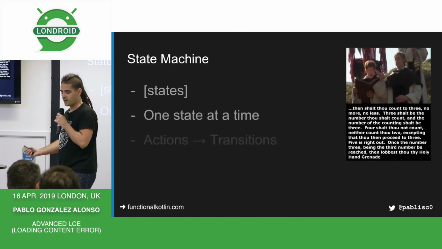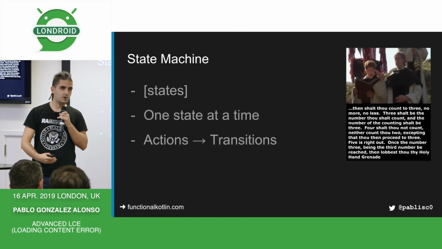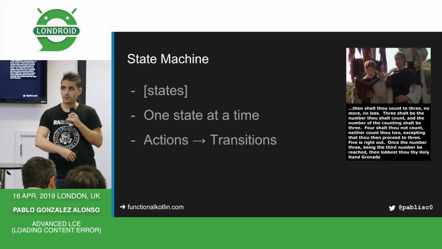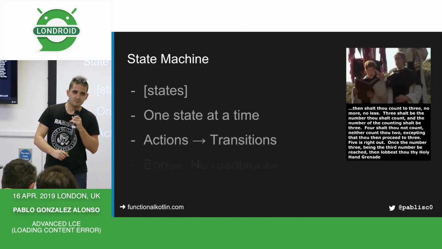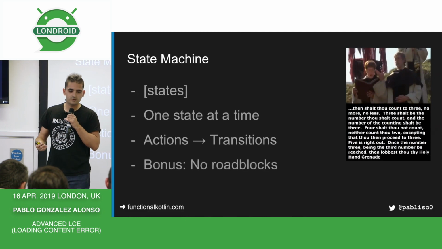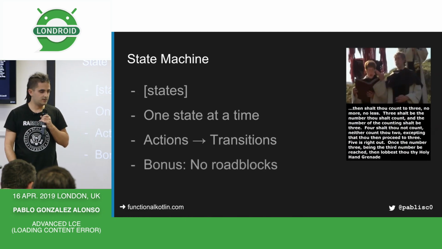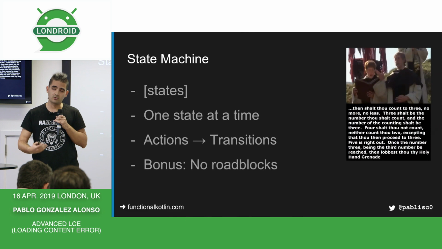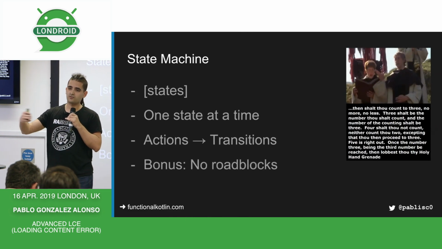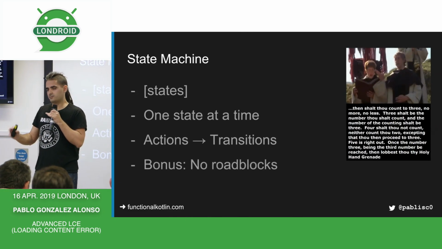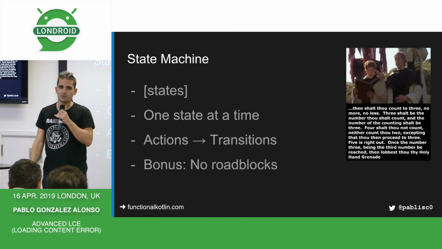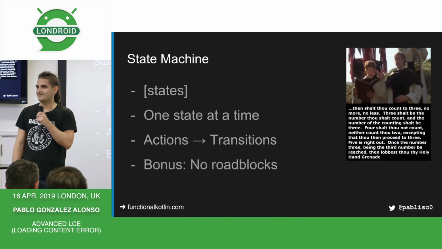And normally you have actions which go into transitions, so you go from one state to another. And as a bonus, ideally you don't want to have any roadblocks. You don't want your code to not be able to move from one state to another, but that's just a bonus for UX and UI and to keep your users a bit happy.